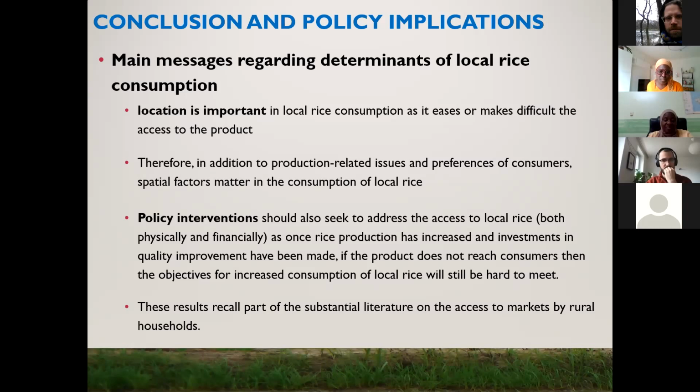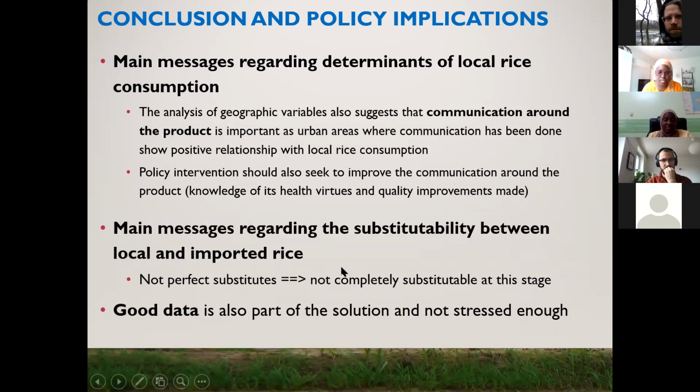Physical access can be improved, for instance, through better infrastructure that allows households to have better access to markets. So all these policies should go hand in hand: increasing production, increasing rice quality, but also making sure that the product is accessible.